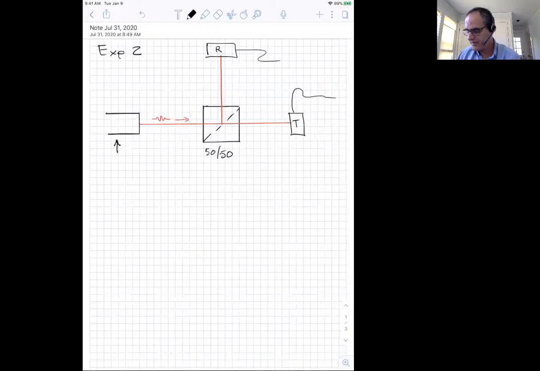Okay, to talk about this more carefully, let's take a quick look at these detectors. These are called photon counting detectors, and the normal way to think about it is that they're sensitive enough that if they absorb a quantum of light, a photon, they'll produce a distinguishable pulse. And so we can simply count the number of pulses that come out of the detector per second to find the number of photons that strike per second.